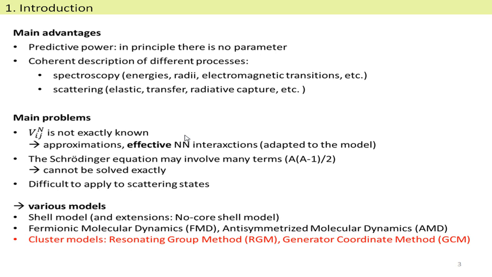And then cluster models. So here you assume that the A nucleons are grouped in different clusters. And this is called the resonating group method, which has been developed in the 60s, and which is equivalent to the generator coordinate method. I will discuss more about these two methods, which are physically completely equivalent, but I will show you that the generator coordinate method is better adapted to numerical calculations.